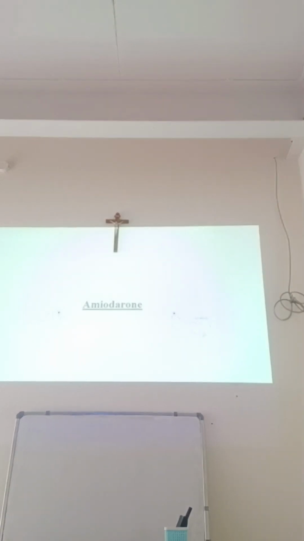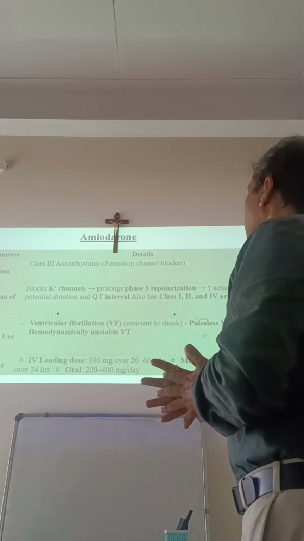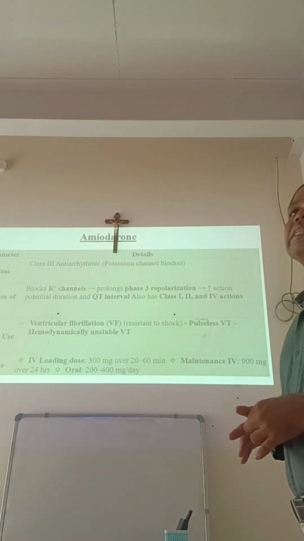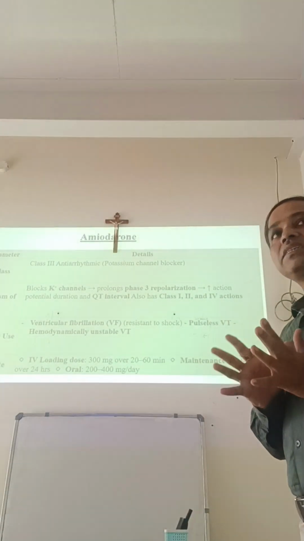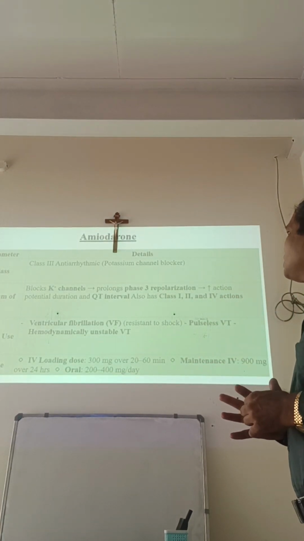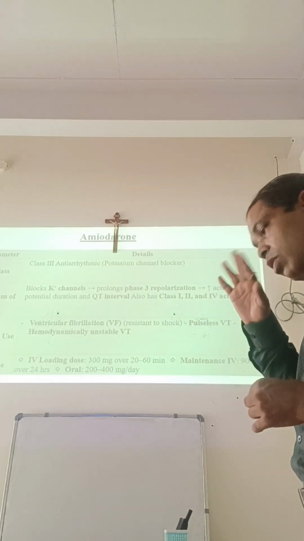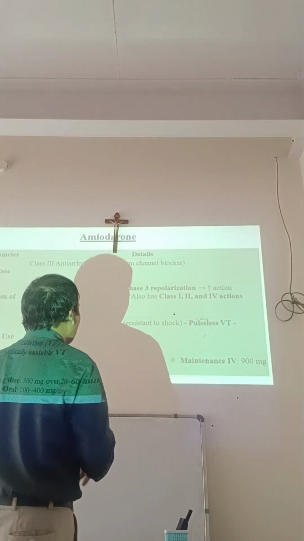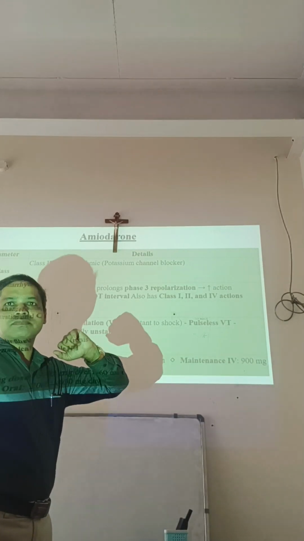Amiodarone is a potassium channel blocker. So potassium channel blocker is class 1, 2, 3, 4. Which class is that? Class 3. So it is a class 3 antiarrhythmic. Mainly it is blocking the potassium channel, but it also has the actions of class 1, 2 and 4.